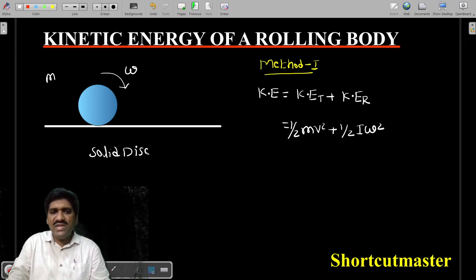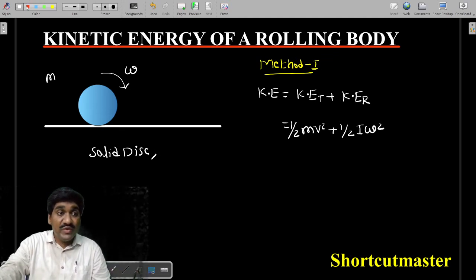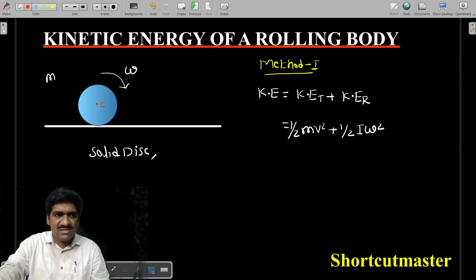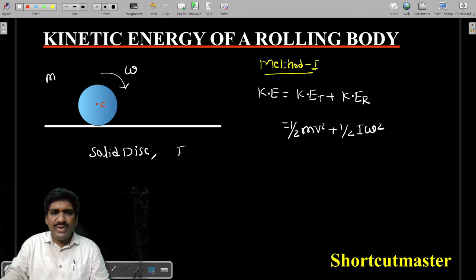You know very well that for a solid disk, with respect to its centroid axis, the mass moment of inertia is m r square by 2.